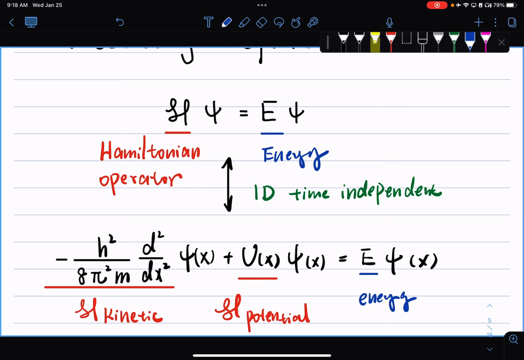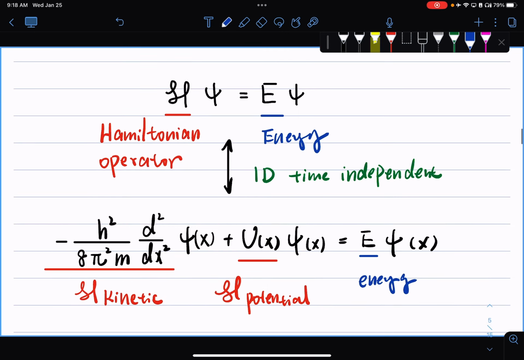A little bit of extra: if you're already taking linear algebra, eventually you'll see that these differential equations, or my Hamiltonian, it is actually a matrix. And by solving that matrix, the energy you're getting is the eigenvalue of that Hamiltonian matrix. But that's just an extra. I'm not going to test you on that.